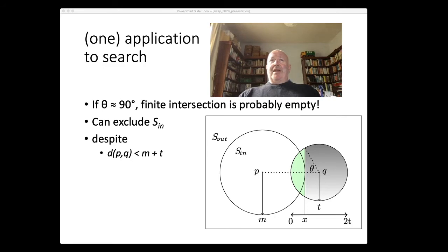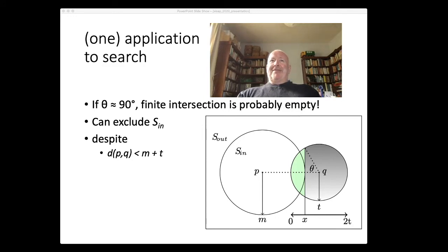So that's good. About these angles, why do we care? Well, you can see the green shaded area, which we'll come back to, is defined by an angle theta between PQ and any solution S which is within distance t of q. And if that angle theta is tightly distributed around 90 degrees, pi by 2, then the intersection which exists in the infinite domain is very likely to be empty within the finite domain.